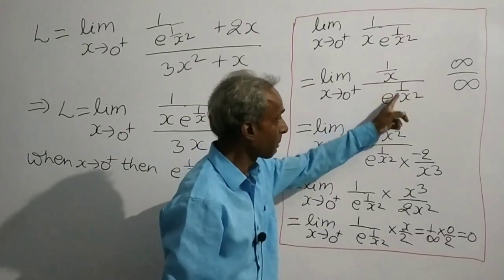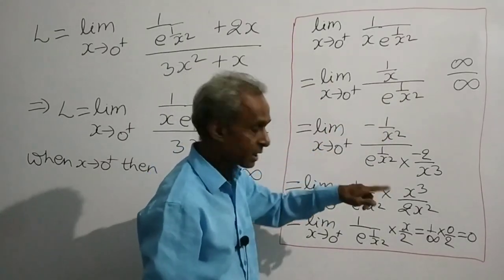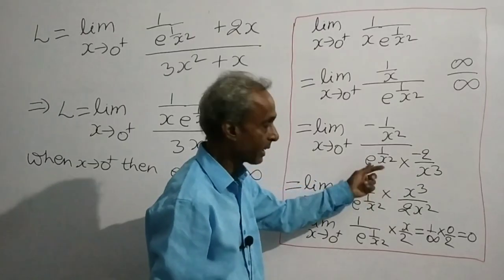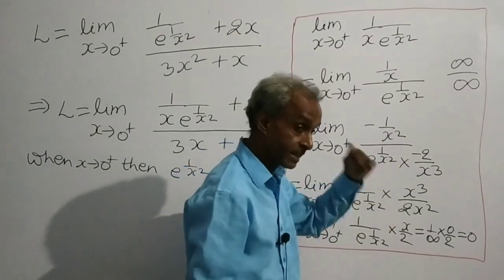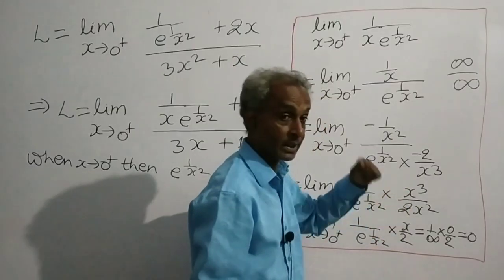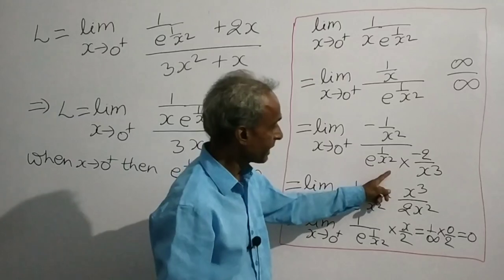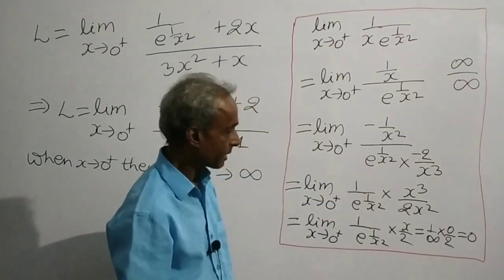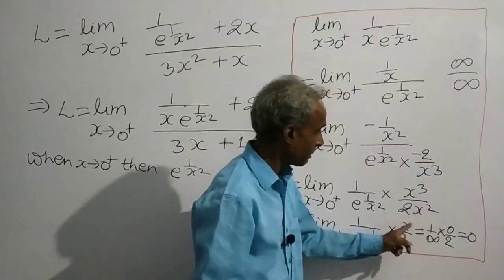Denominator means e to the power 1 by x square. First, with respect to 1 by x square and write here. Now, differentiate 1 by x square with respect to x and write here. This becomes this. x cube by x square will be x.